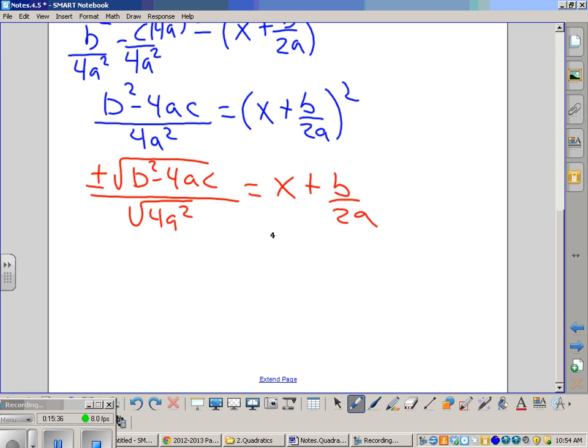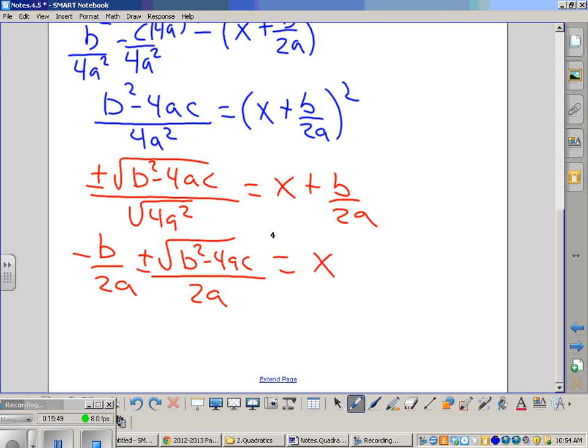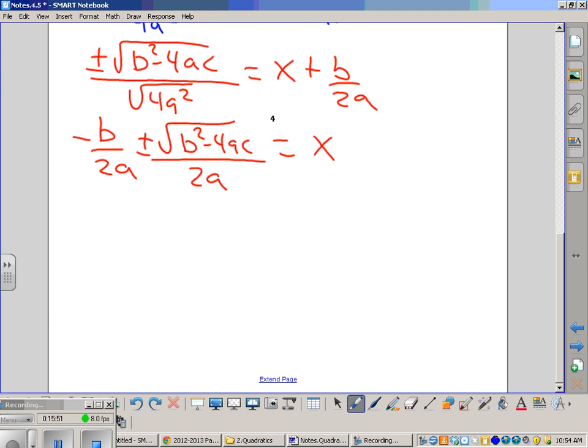Okay, and so when I simplify this down, I get that's the quadratic formula. You can see the common denominator is 2a.